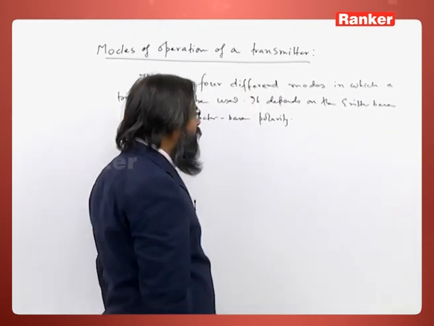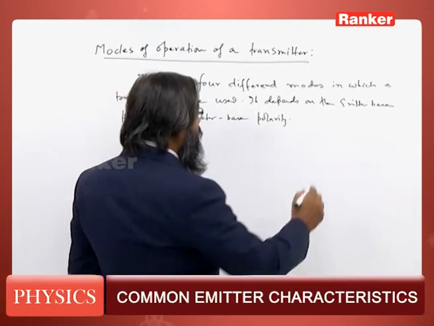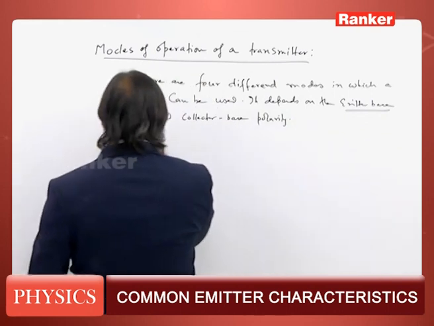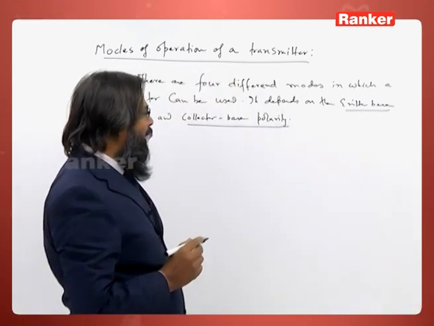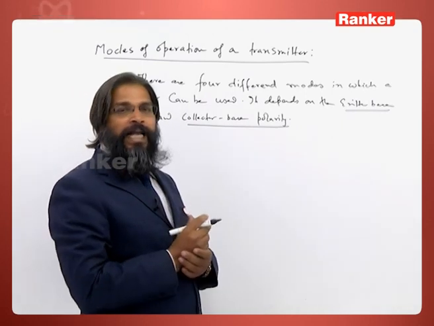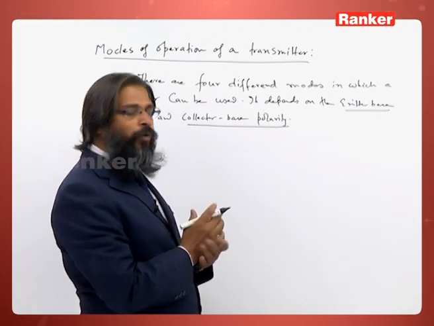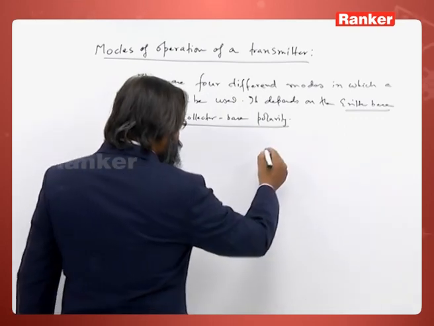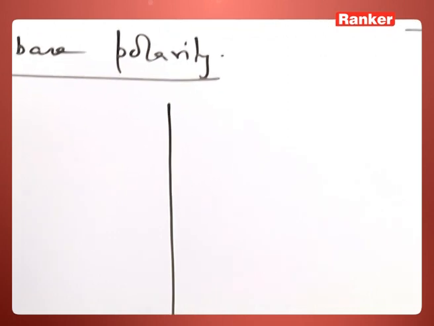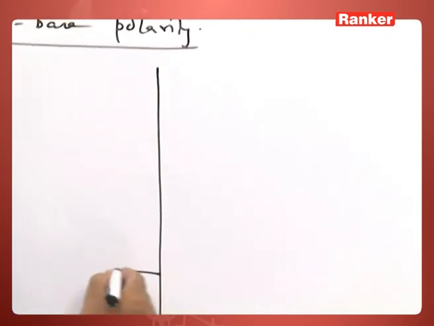So, depending on this emitter base polarity and collector base polarity, we can have 4 different modes of operation. So, you see here there are 4 quadrants.